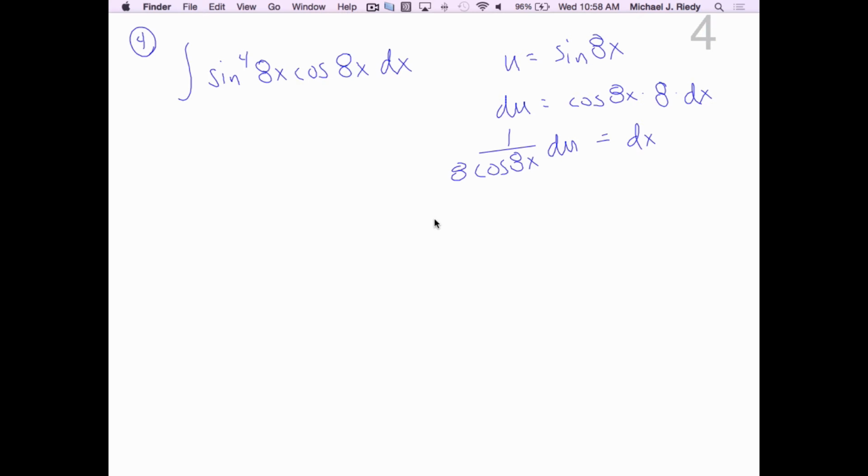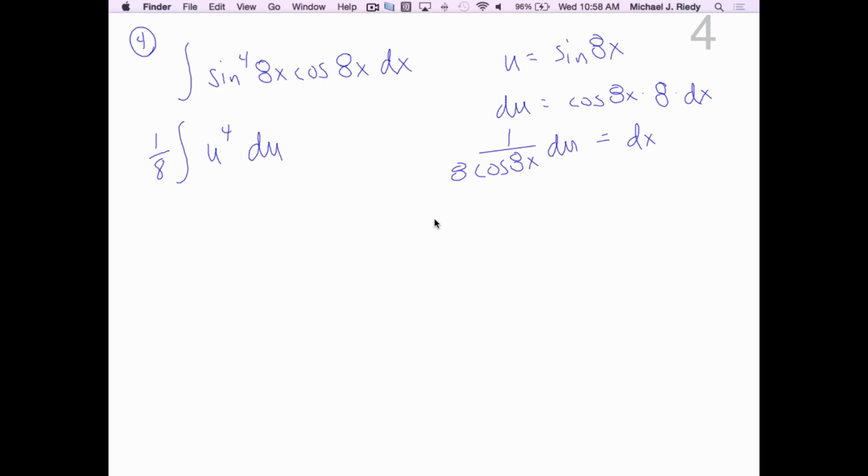Before we even jump into the substitution, just to save ourselves a little bit of hassle, did he choose wisely? Yes. Totally. So we're going to skip that substitution step now for those of you that are advanced. If I take this and substitute it over here, I should get 1/8 u to the 4th du.